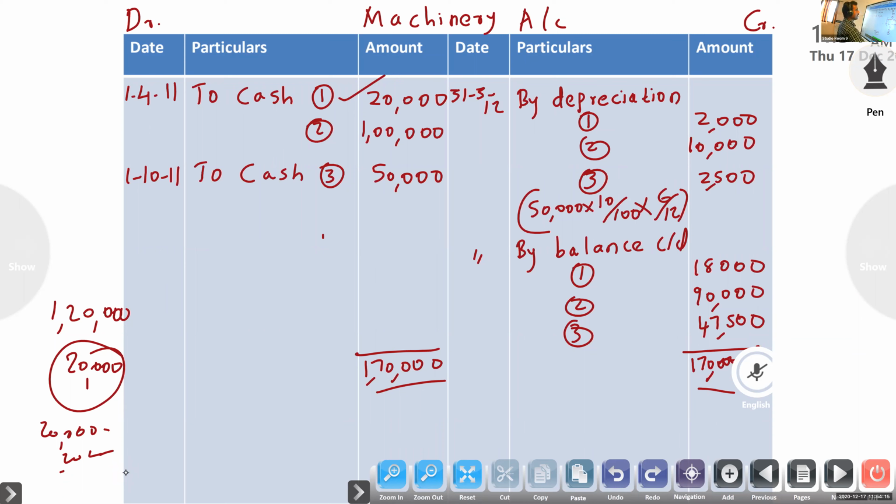So next year, 1st April 2012. Next year means 1st April 2012 to 31st March 2013. After that only the sale, on 1st October 2013. So next year one more purchase is there.